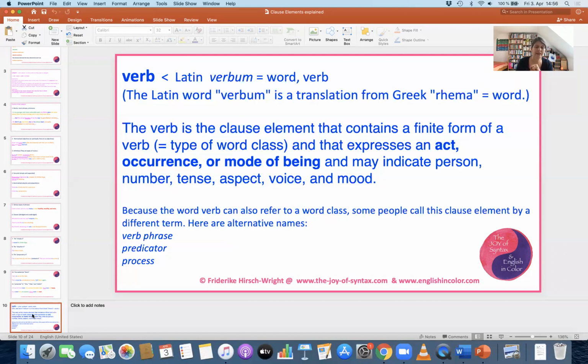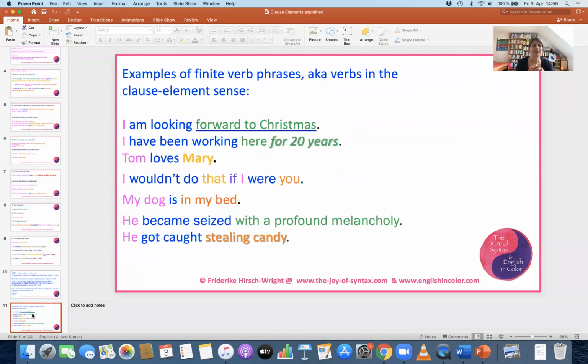And let's hurry and look at some examples. So I am looking forward to Christmas. Am looking is the present progressive, and we see we have to be, the first person singular, in the present tense of the verb to be, and then the present participle to form the present progressive form. I am looking.